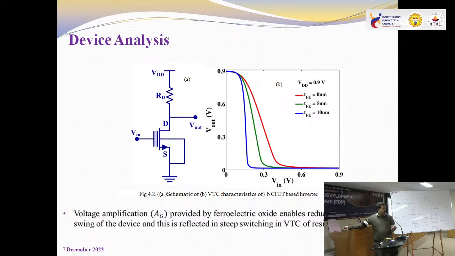This voltage amplification AG provided by the ferroelectric oxide enables reduction in subthreshold swing of the device, and the same is reflected in this characteristic. Whatever advantages we got in our device, we are trying to see if, building a circuit from the same device, we are able to get those benefits or not. Indirectly, I have told that their subthreshold swing was low, and the same has been reflected in this characteristic because sharp switching is there.